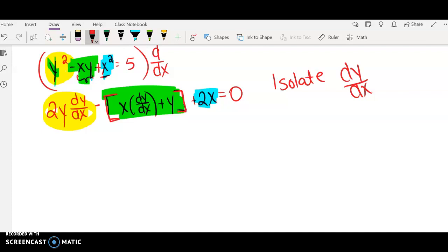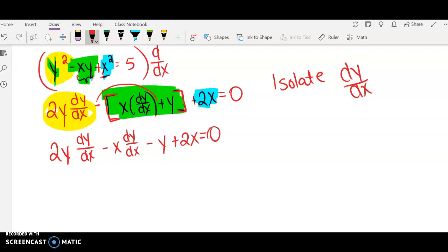I want to manipulate, simplify, and get rid of those brackets there. I'm going to drop down that 2y dy over dx. That's going to be minus x, and I'm just going to rewrite it as dy over dx. And then remember to distribute that negative through. Minus y plus 2x is equal to 0.